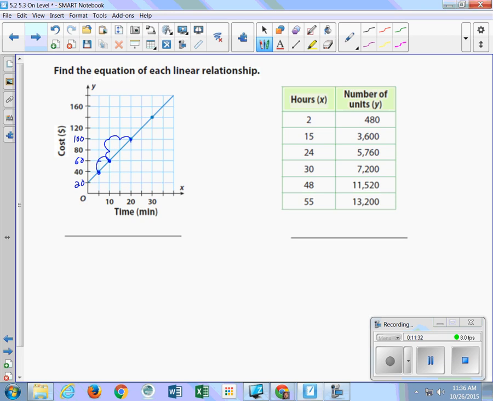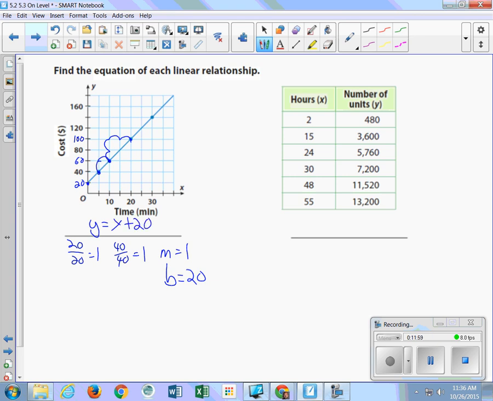No matter what, 20 over 20 equals 1, and 40 over 40 equals 1. So our slope equals 1. Now our y-intercept is where the line crosses the y-axis, which is at (0, 20), so it is 20. So it is y equals x plus 20.